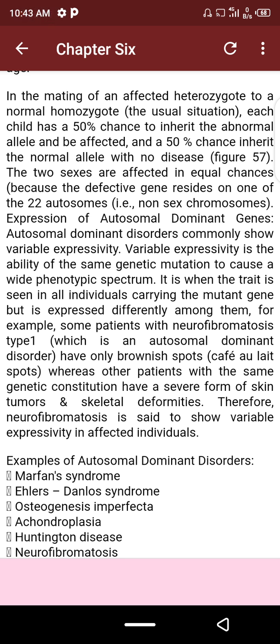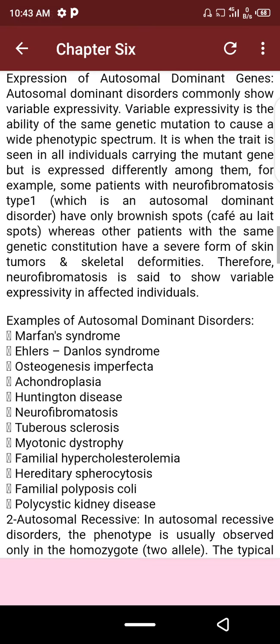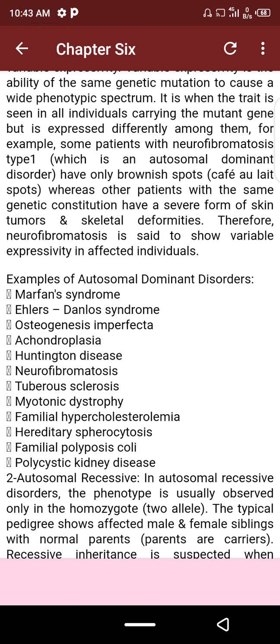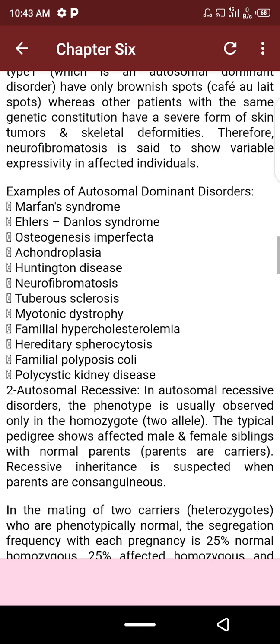For example, some patients with neurofibromatosis type 1, which is an autosomal dominant disorder, have only brownish spots, café-au-lait spots, whereas other patients with the same genetic constitution have a severe form with skin tumors and skeletal deformities. Therefore, neurofibromatosis is said to show variable expressivity in affected individuals.